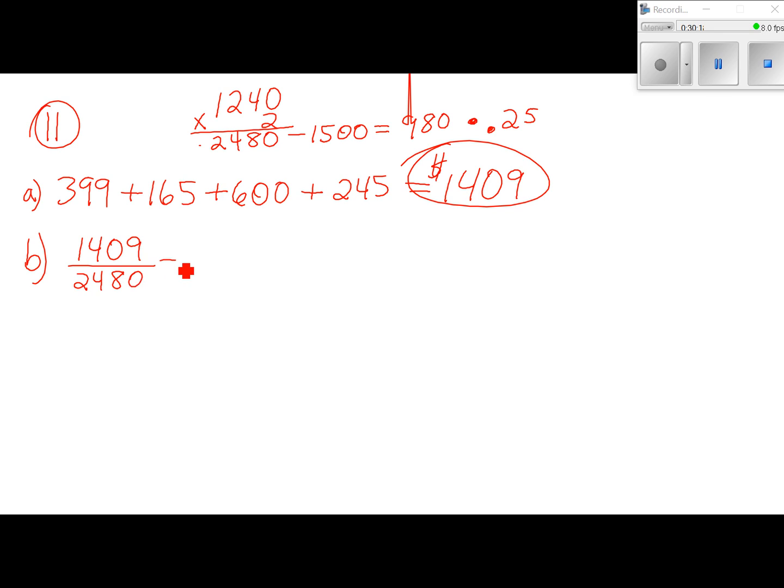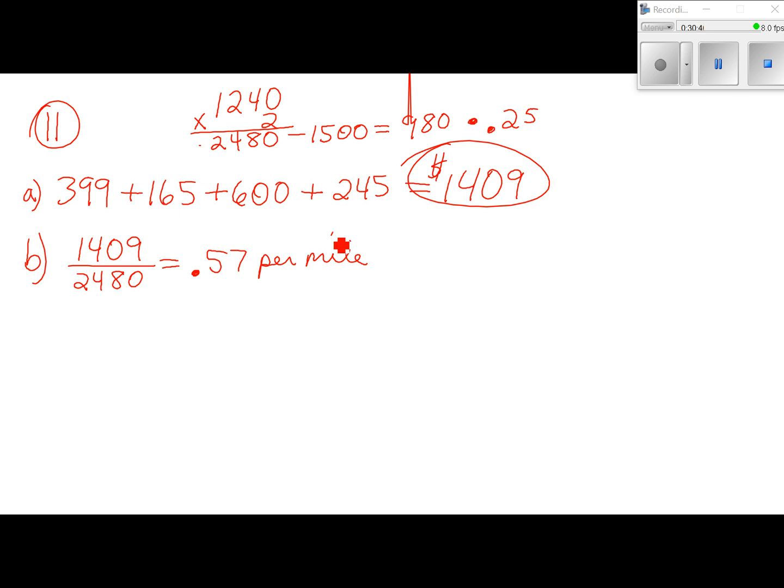So we're going to divide this by 2,480. You grab your calculator and divide that, and it comes up to about 57 cents per mile. So that's the cost of driving that vehicle there and back, about 57 cents for every mile.